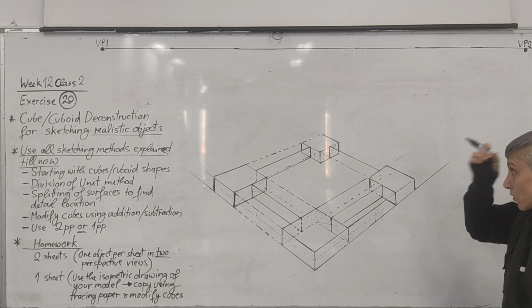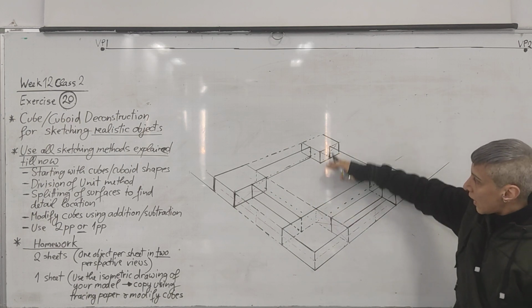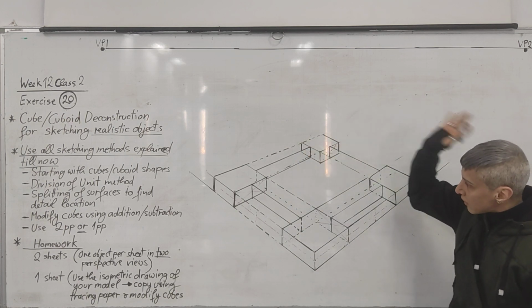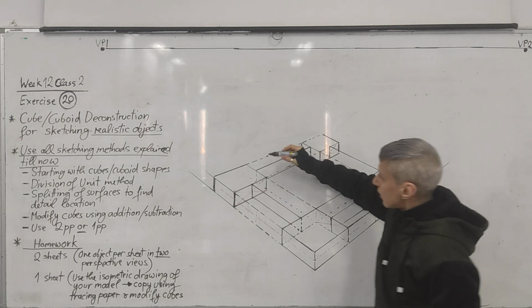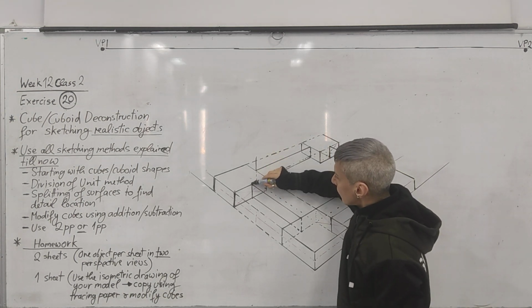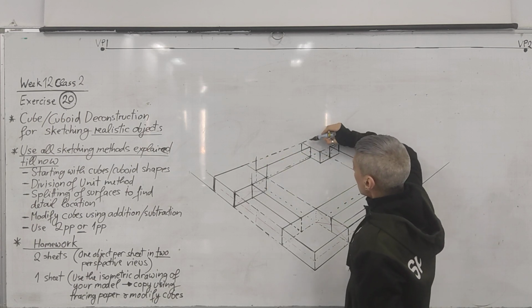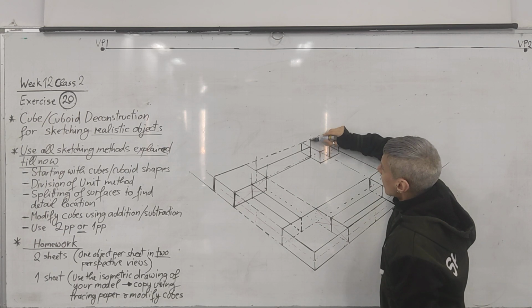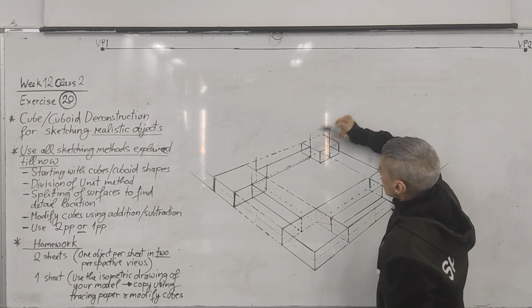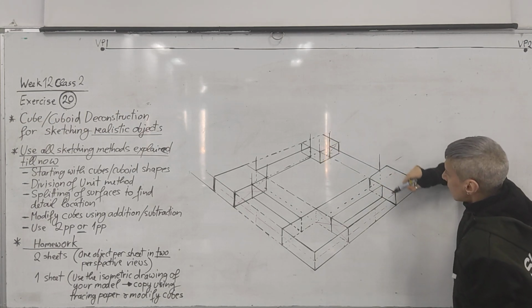Now, I said, make this part here that I just drew higher. So not on the same level like here. Okay, no problem. We will extend lines up. And here lines up.